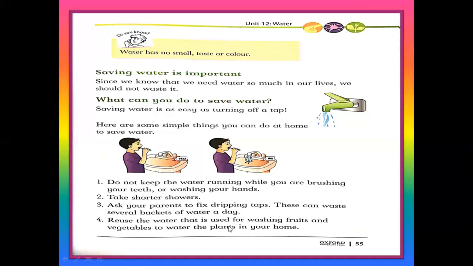I mean, the water you use for bathing, washing clothes, washing dishes, that water is polluted, and you cannot reuse it. Only the water used for washing fruits and vegetables can be reused.